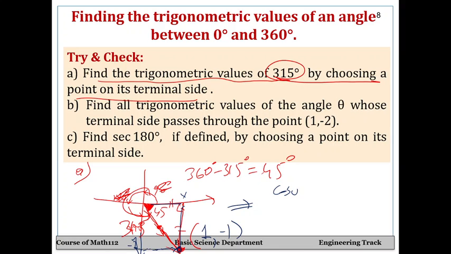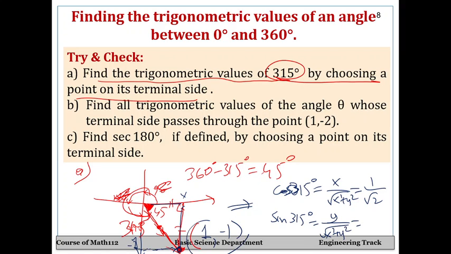Cosine 315 is equal to x over the square root of x squared plus y squared. This will be 1 over square root 2. And then sine 315 is y over the square root of x squared plus y squared.